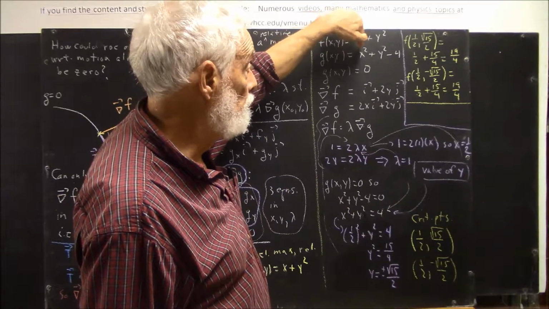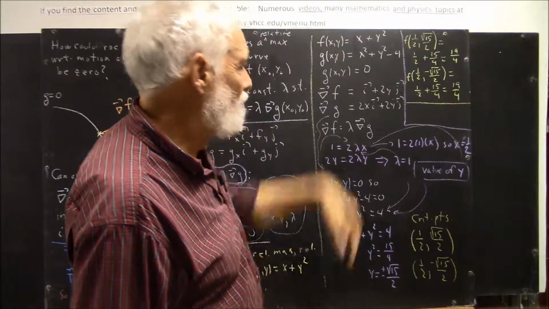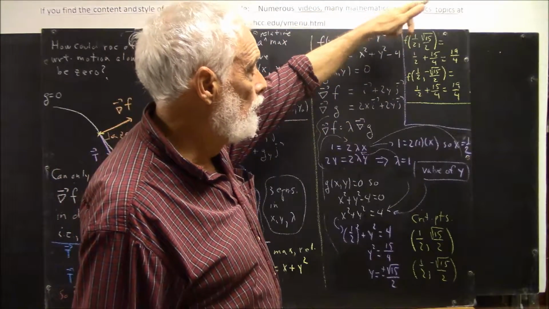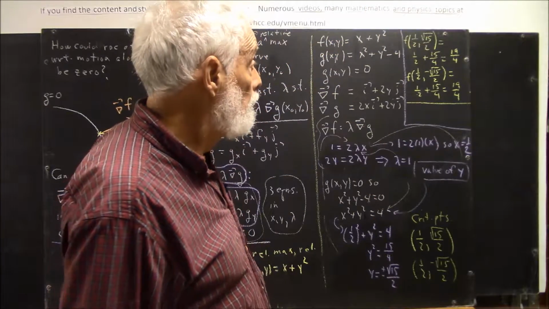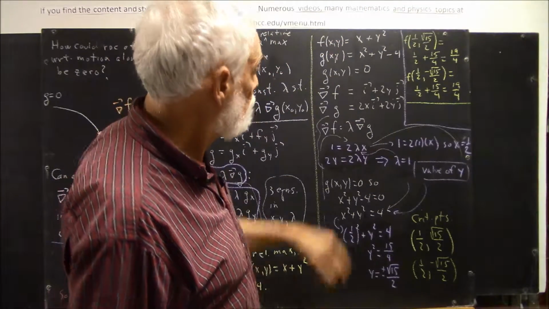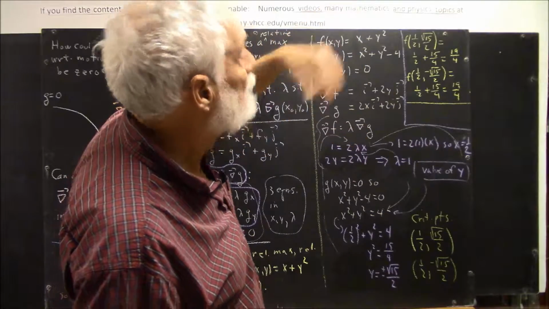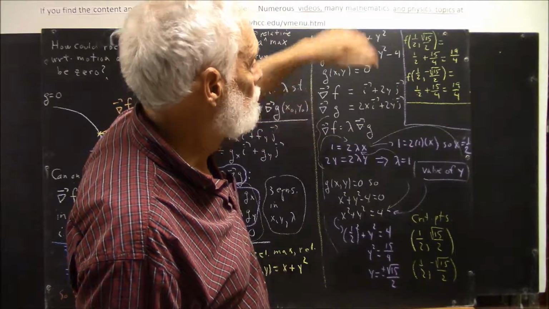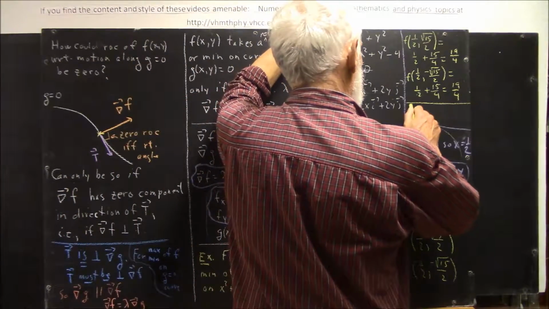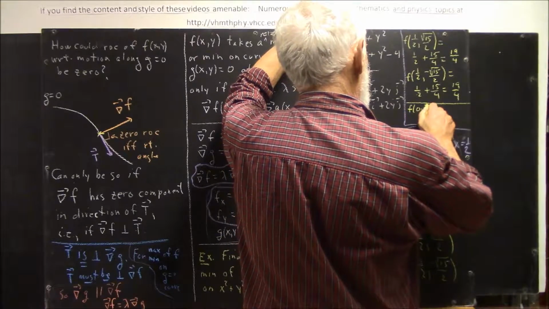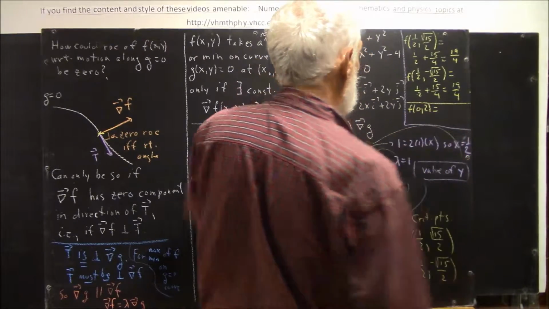Okay, so the point 0, 2 is not all that close to 1/2, square root of 15 halves, but maybe close enough. So let's just evaluate f at 0, 2 and see what we get.